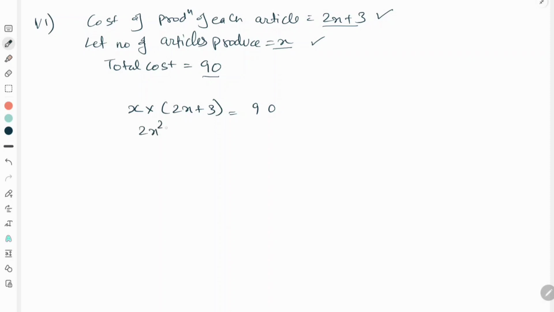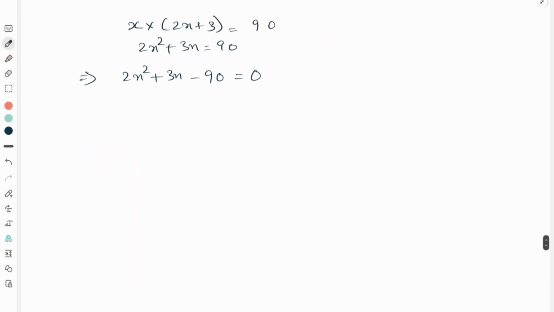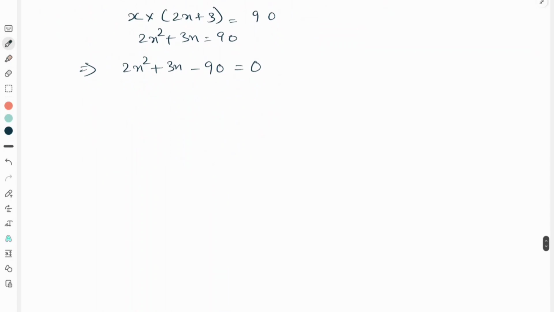Now you just have to solve this. You can rewrite it as 2x square plus 3x minus 90 equal to 0. Now you can solve this equation to find out the roots, and with this we have completed our exercise 4.2.